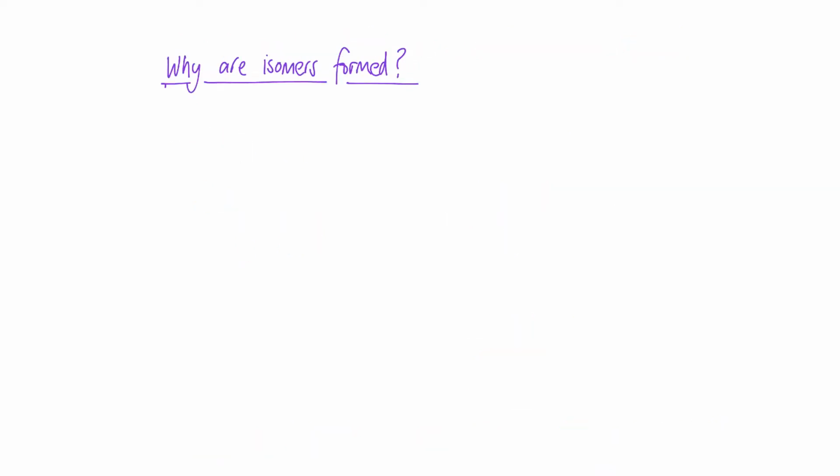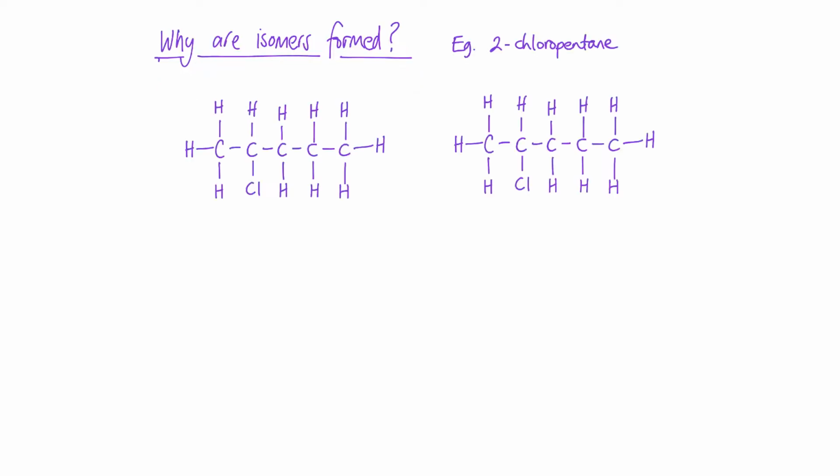Let's look at a specific example so we can consider why we might form isomers in our elimination product mixture. Here we have 2-chloropentane, and we can have two different attacks here by the hydroxide ion on our 2-chloropentane.